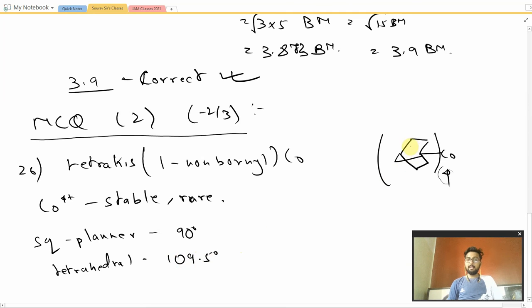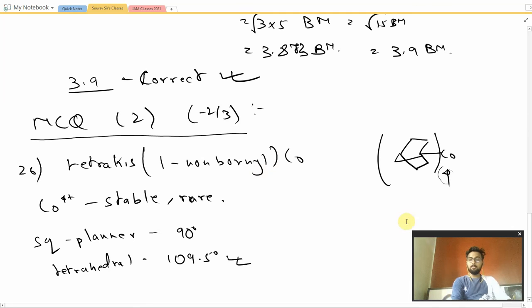As these ligands are extremely huge, they would prefer to stay in the 109.5 degree space than in the 90 degree space. So by this we conclude that the structure would have a tetrahedral geometry.